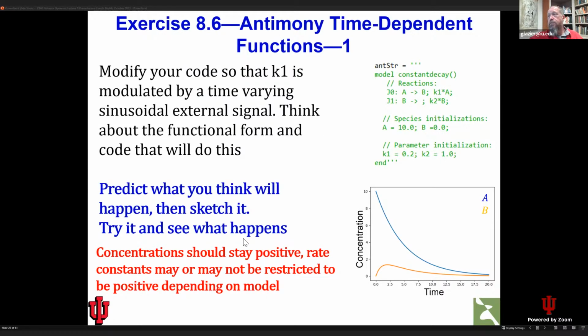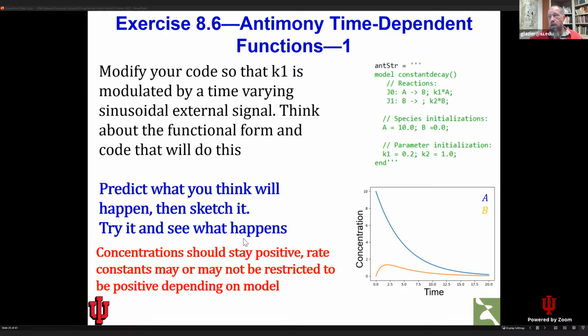Boy, I realize I lost a slide here. So the syntax to make the variable modulated in time is that you have to replace the equal sign with colon equals.